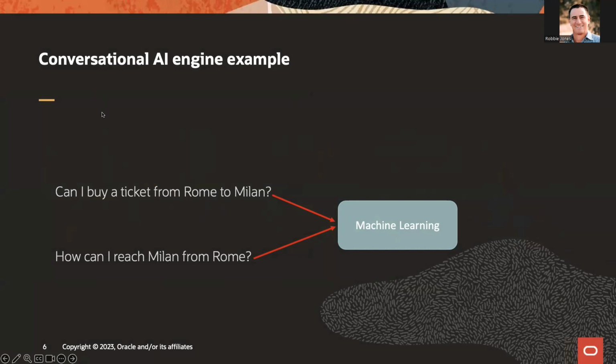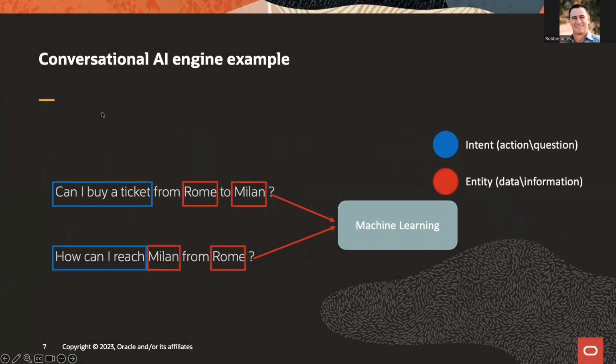But once we peel back the onion, we try to figure out what the user is trying to do and what they are trying to do it on. So what is the verb and what is the noun? Being able to figure this out, we realize one seems more of a logistical question and the other more of a commercial question.